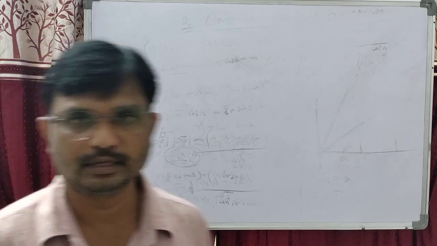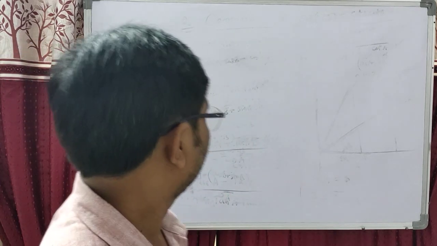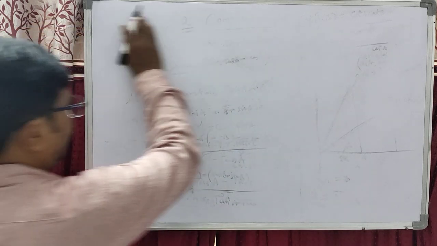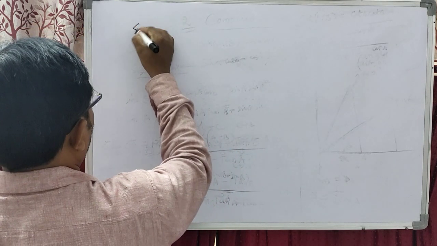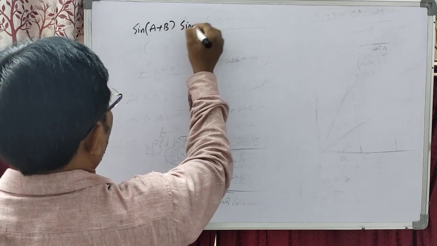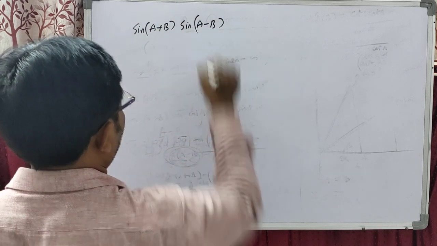My dear students, now I will discuss some more formulas in compound angles. This is sine of (A plus B) into sine of (A minus B).